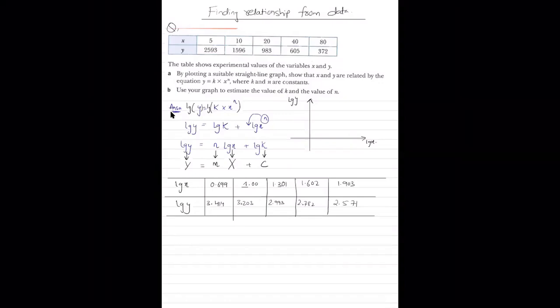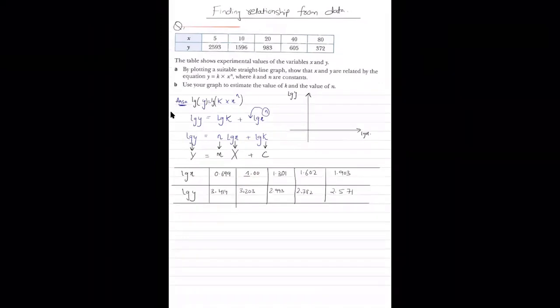Now you are required to plot it. So the lowest value can be 0 on the x. You're going to plot lgy. These are lgy values and these are lgx. Now you need to take your scale in a suitable way such that the graph is not too big and not too small.